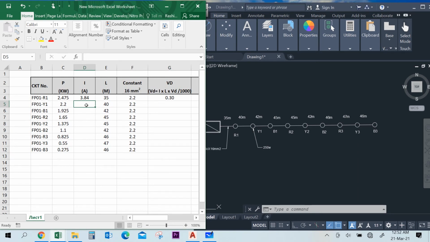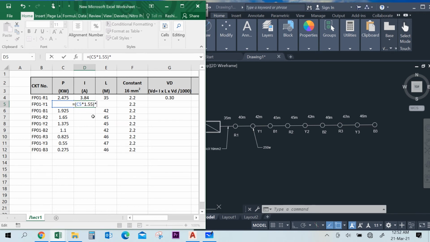Now we will do the same procedure to find out the current at point Y1. So power multiplied by 1.55, same as what we did before. Now the voltage has dropped at this point by 0.30.